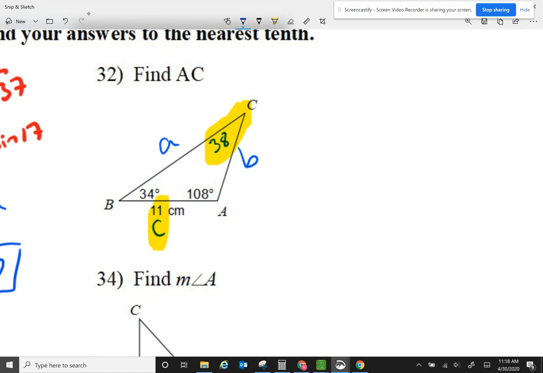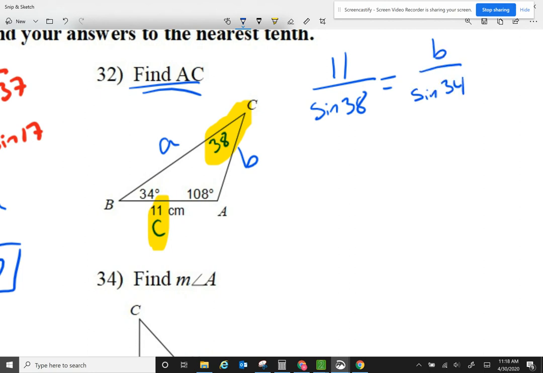So I have 11 over sine of 38 is equal to, all right, I'm solving for AC, the distance between A and C. That's little b. So I'm going to write this as b over sine of 34. When you cross multiply it, you have that 11 times sine of 34 is equal to b times sine of 38.